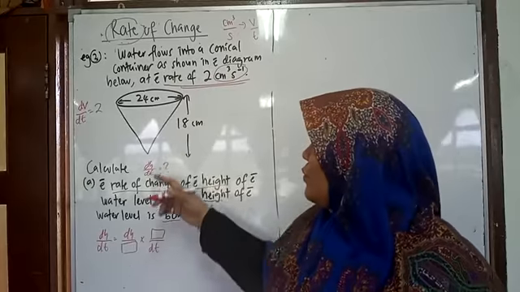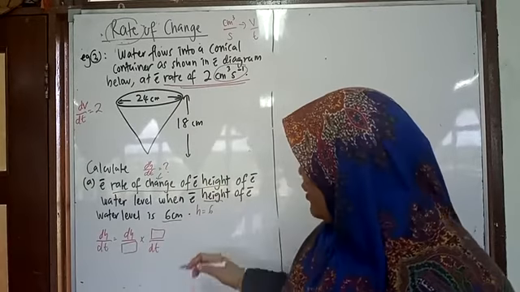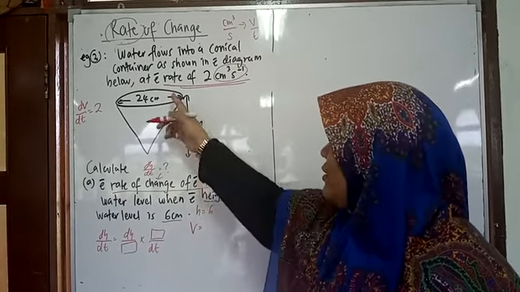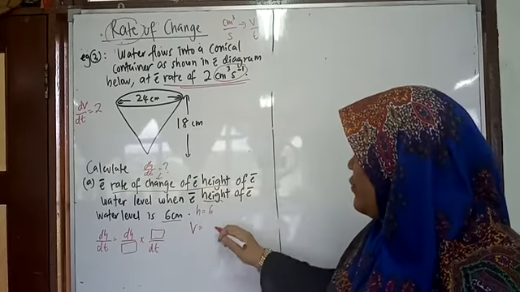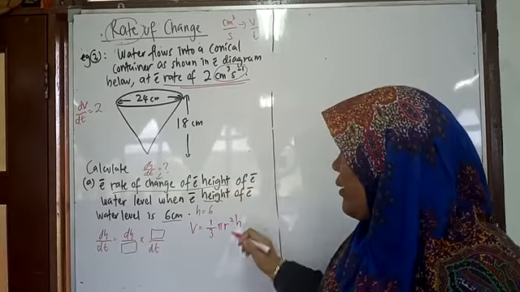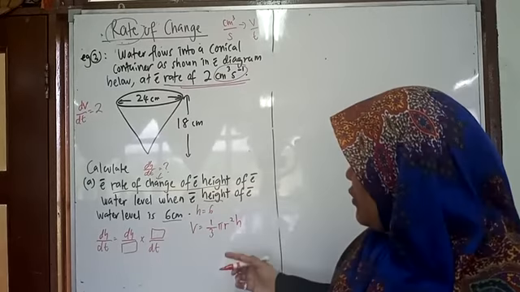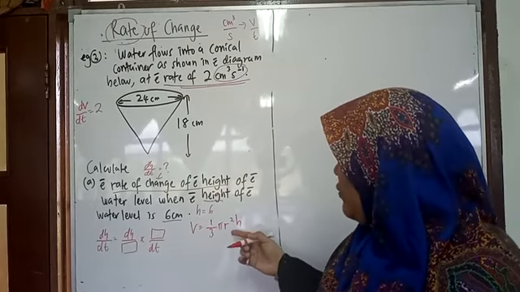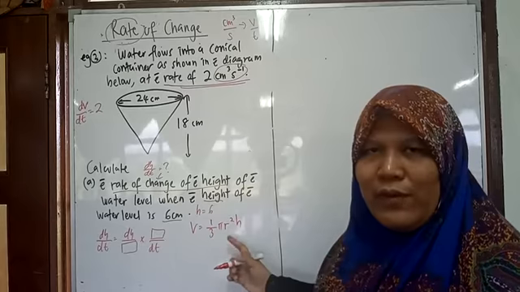So when we talk about the volume of a cone, it would be 1/3 pi r squared h. As you can see here, V is in terms of r and h.